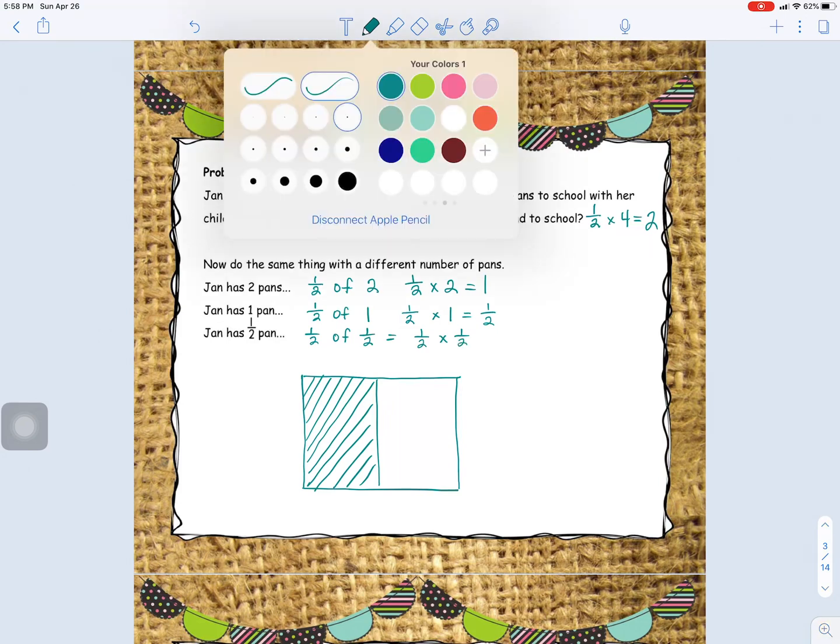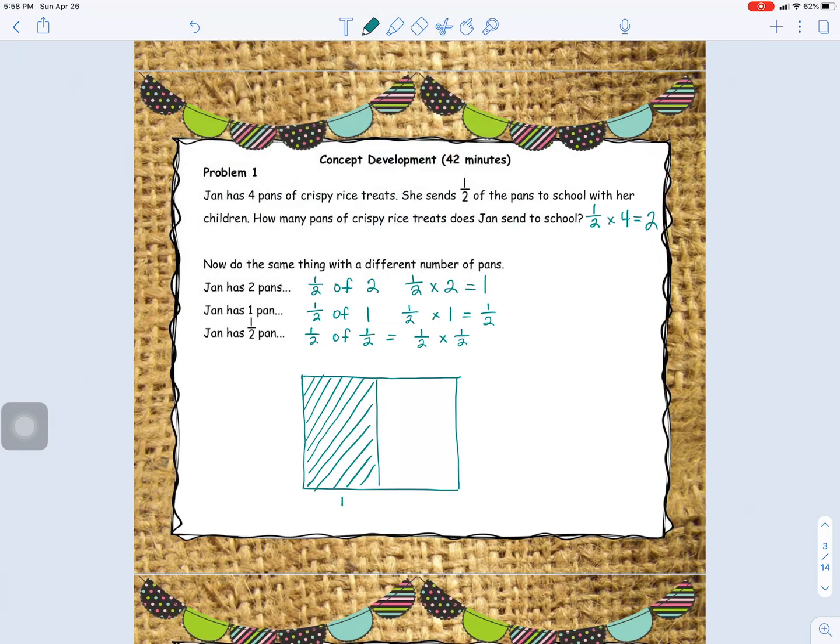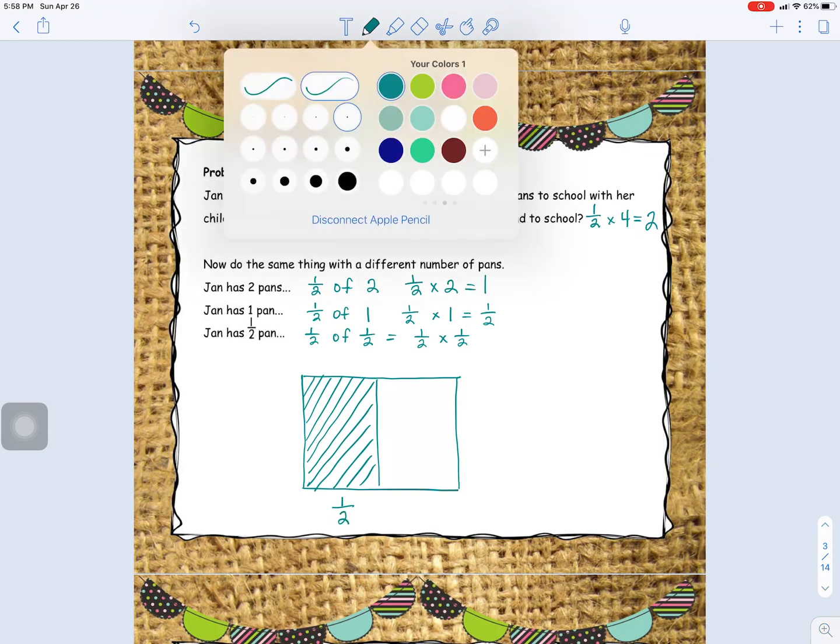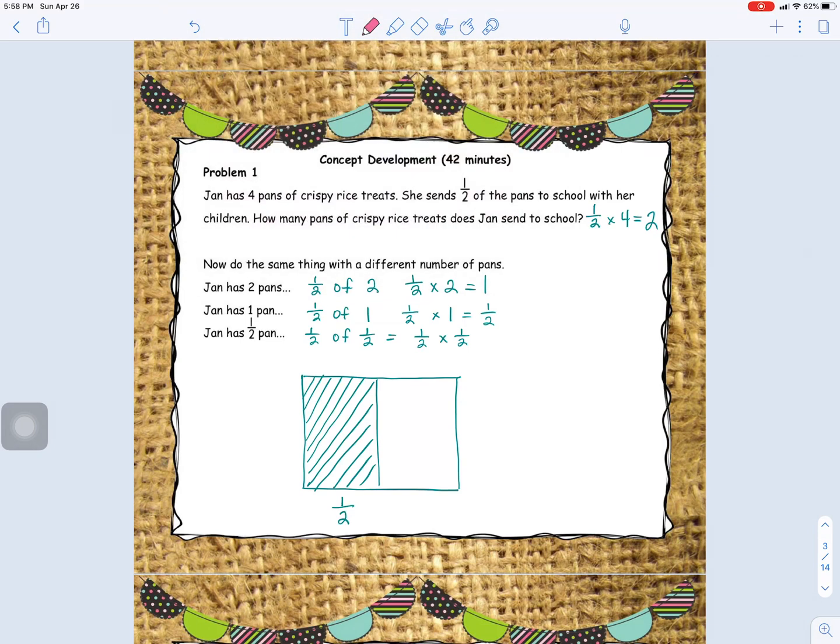So I'm going to change the color of my pen. Go ahead and label that 1/2. I'm going to change the color of my pen, and I'm going to divide it in half the other way. So this would be 1/2 of the half.